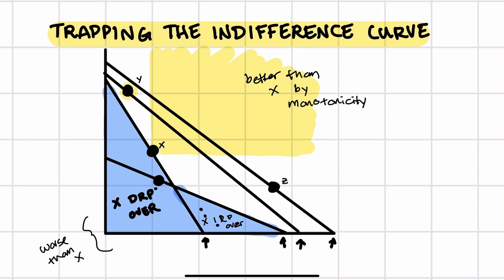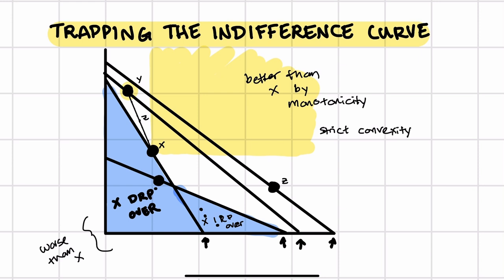For Y, we know that Y is preferred over X. And so if we draw a line between X and Y, we know that every point on this line is going to be preferred over X. So we can take a Z here, and we know that Z is going to be preferred to X. And that is by strict convexity.